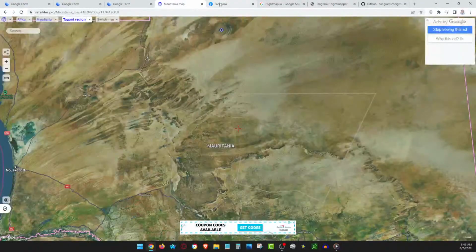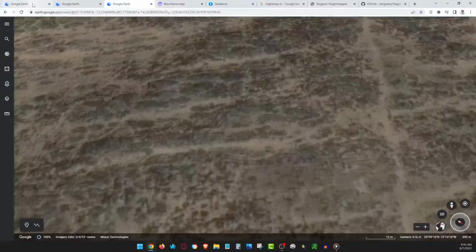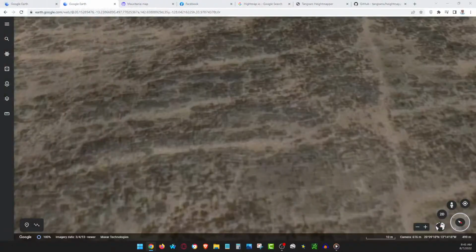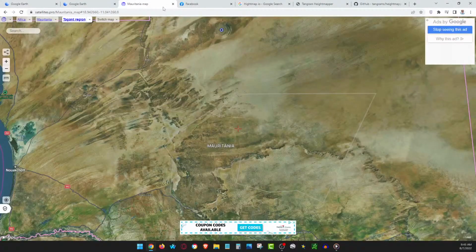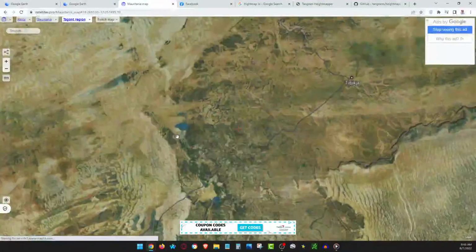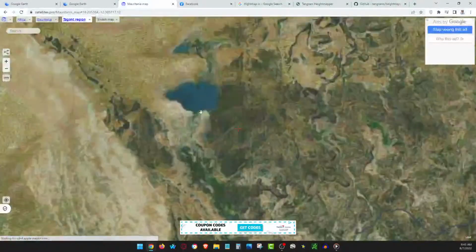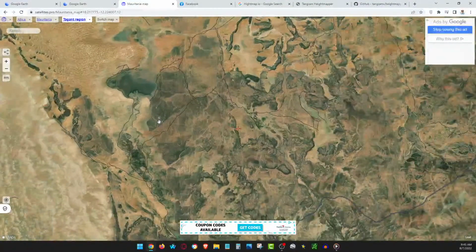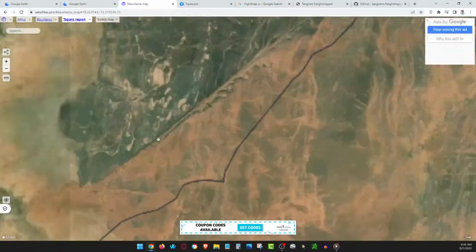Let me use my other screen and put it here. Okay, so this is, I can't read the city. Kasar. We're going to about here and going straight down. Okay, let me find that again. Sorry about this. Okay, all right, got it. It's right here. That's the lake, and that's the line right there.